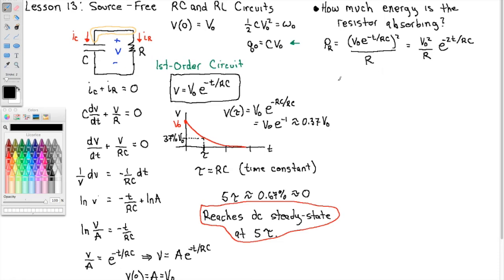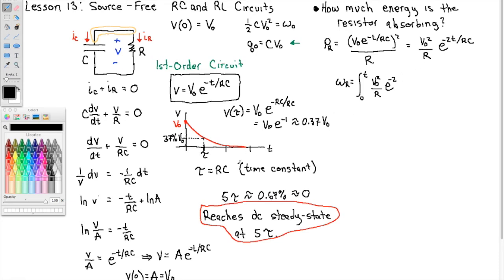Now, the energy in the resistor is related to the power in that it's, again, a running integral. The initial time here was 0, so we're going to integrate from 0 to whatever time we're interested in, t, of V0 squared over R, e to the minus 2 s over RC, and we're going to use a dummy variable of integration. So we can choose whatever we want.